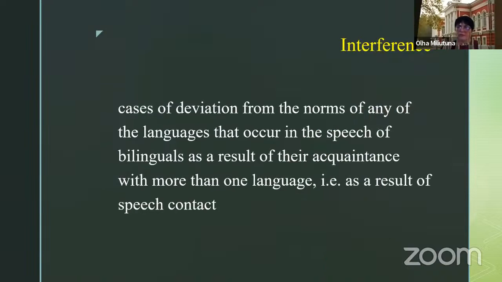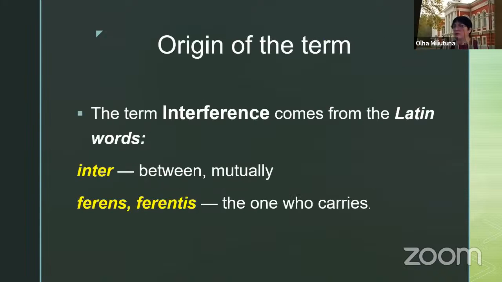According to Weinreich, cases of deviation from the norms of any of the languages that occur in the speech of bilinguals as a result of their acquaintance with more than one language are referred to as interference phenomena. The term interference comes from two Latin verbs: inter, that means between, mutually, and ferens, ferentis, that means the one who carries.